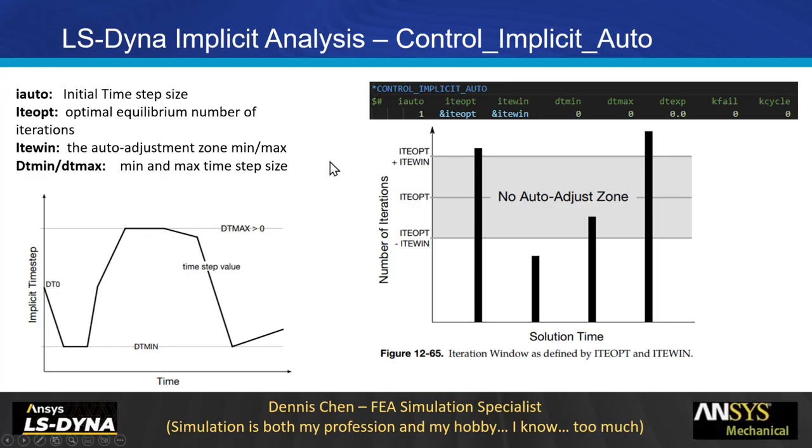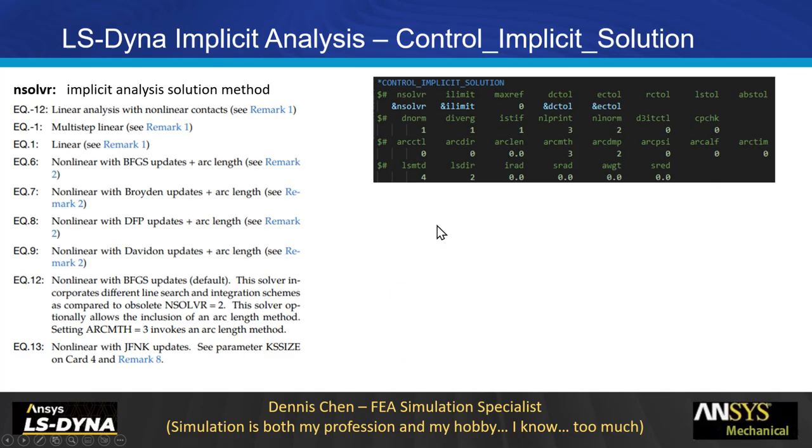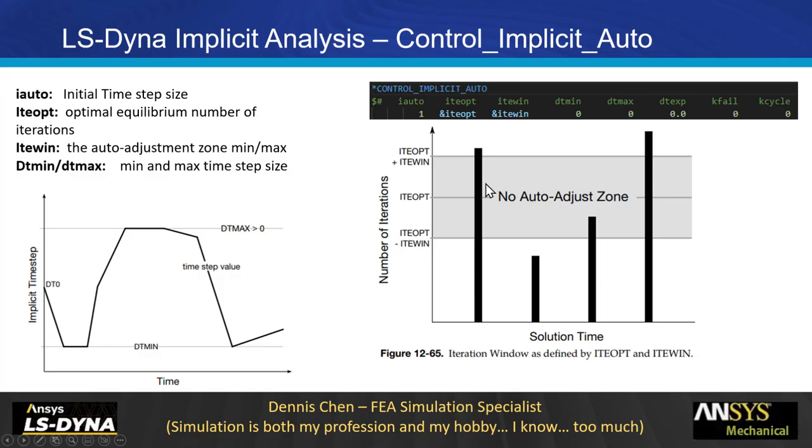If you want to make this number really big, you can, so it never really bisects. It will just keep solving and solving. So this is a way in which you can directly control auto time stepping inside Dyna. And of course, if you make it too aggressive, then it's just going to take longer to solve. So there's a lot of optimization you can do on a per problem basis to make the problem solve faster.